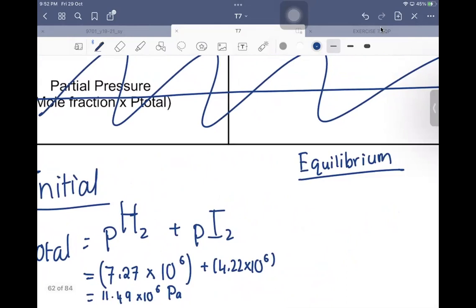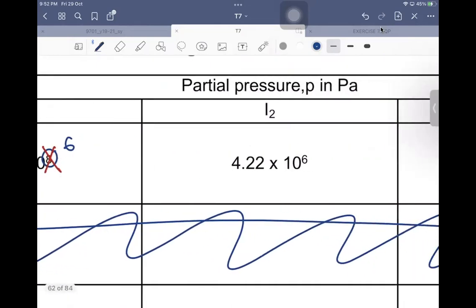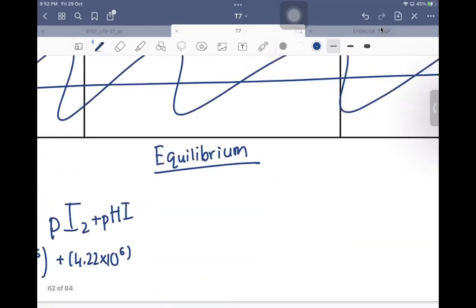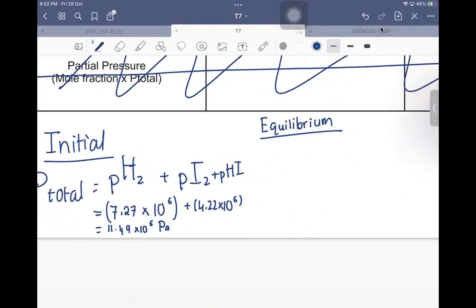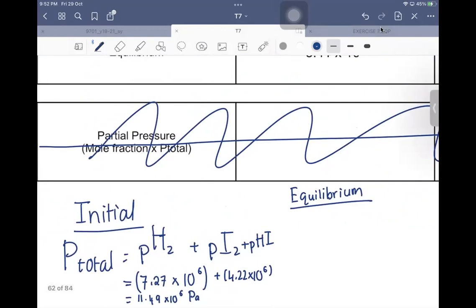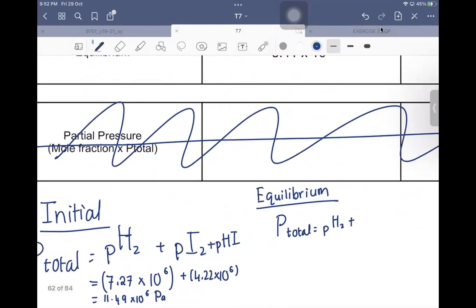At equilibrium, it should be partial pressure of HI as well. Okay, you do not ignore the HI, but since it's 0, that's why I forgot to add it in. Okay, at equilibrium, the pressure total must also be the same, but this time I'm adding, oh, sorry, it shouldn't be big P, it should be small p. Partial pressure of hydrogen plus partial pressure of iodine plus partial pressure of hydrogen iodide.